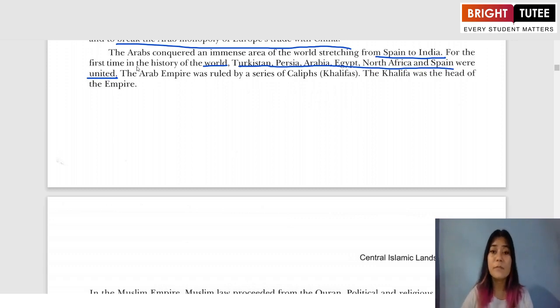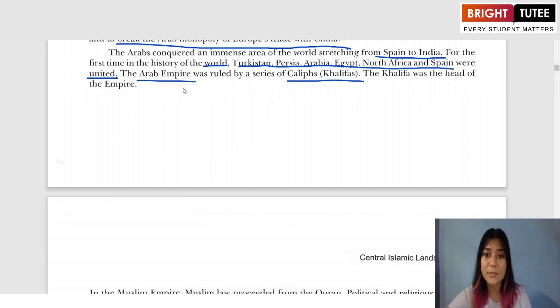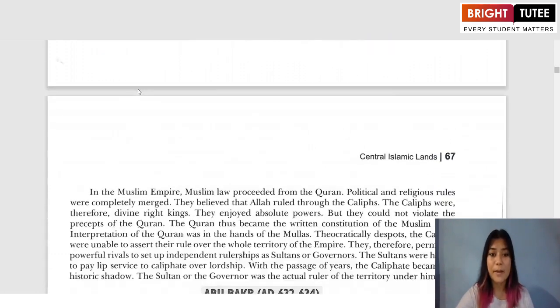It was under the rule of the Arabs that they were all united into one region. Like I said, caliphs were the rulers of this Arab empire. The empire was ruled by caliphs, who were the head of the empire.